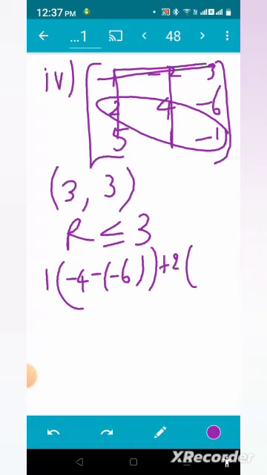So I get 2 minus 20 here. So I can solve: minus 4 plus 6 plus 2, plus 2 plus 30, because minus into minus is plus. Then plus 3 into minus 18 here. So this is 2.